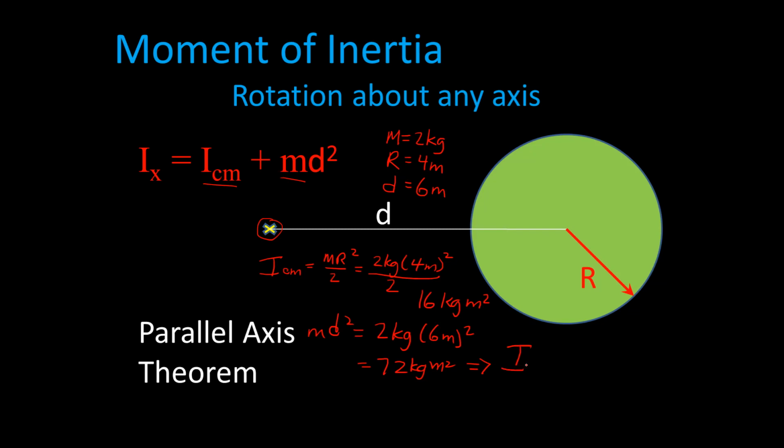So our total inertia about x is 72 plus 16. What's that? 88 kilogram meters squared. So the parallel axis theorem makes it a whole lot easier when our center of rotation is at some place where it's difficult to figure out what that moment of inertia is. So for now, that's physics.